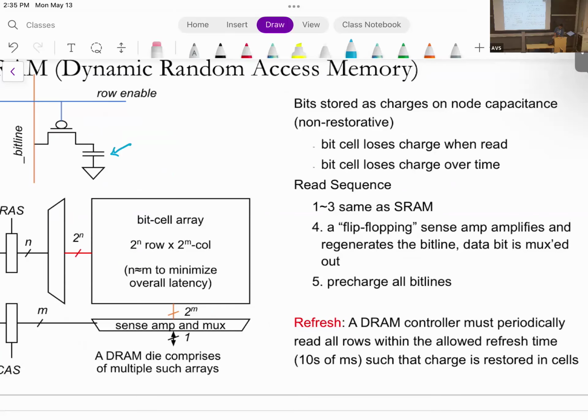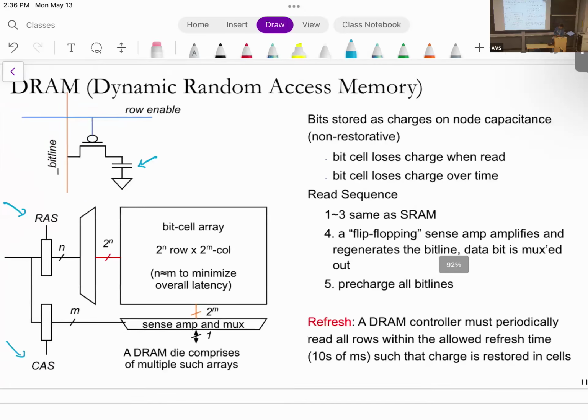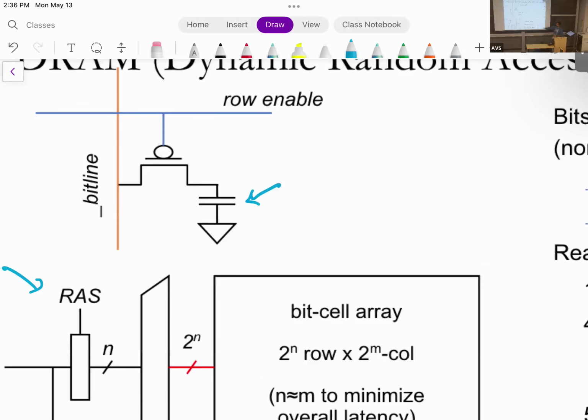So basically the steps for reading from DRAM are pretty much similar to SRAM. So steps 1 to 3 are pretty much the same. The only thing is that the sense amplifier is slightly different because it's just one-way sense amplifying. And then the big thing about DRAM is DRAM also loses charge even if you don't access it, okay?